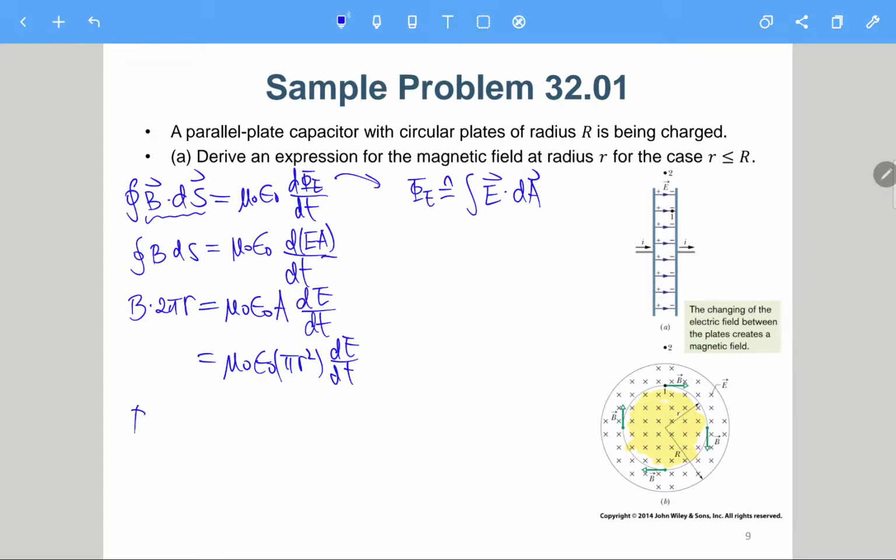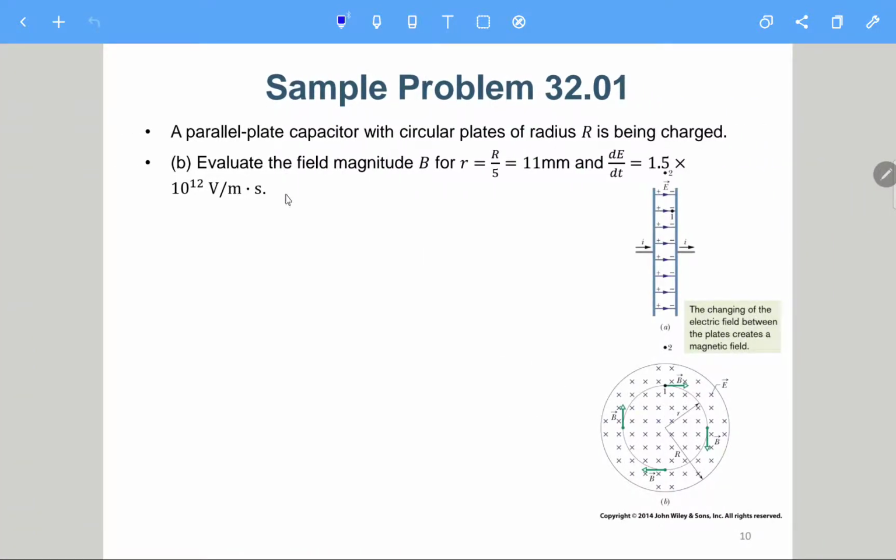So finally, B should be mu naught epsilon naught, pi and pi can be cancelled, and r and r squared can be partly cancelled. So we have r over 2 times dE dt. So this is the expression for the magnetic field inside the capacitor, inside the parallel plate.